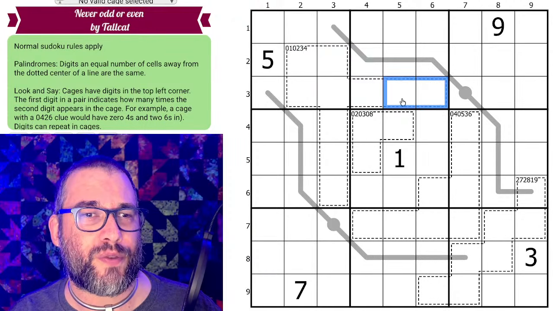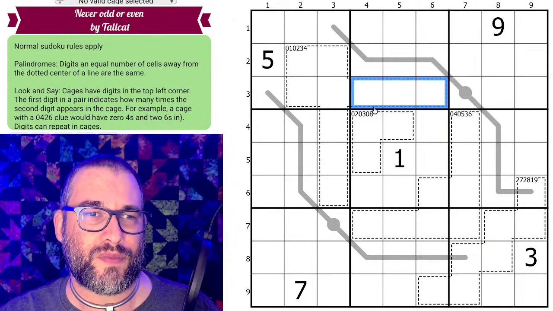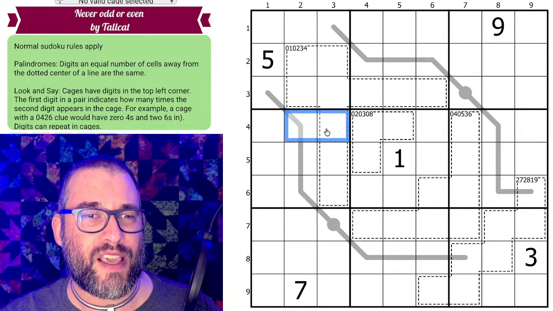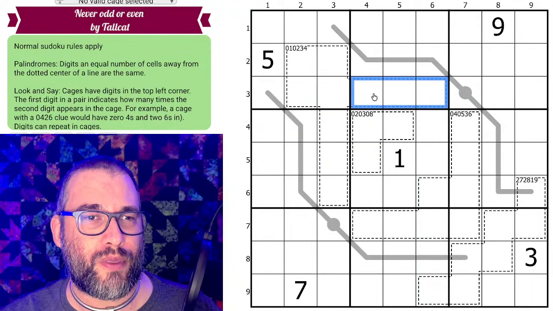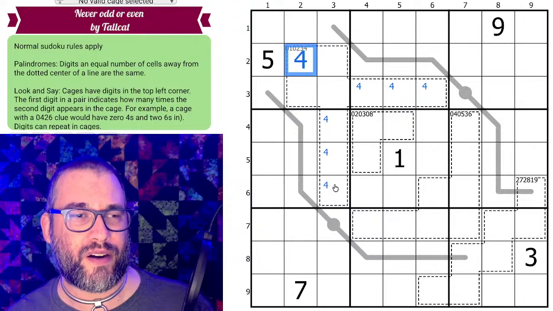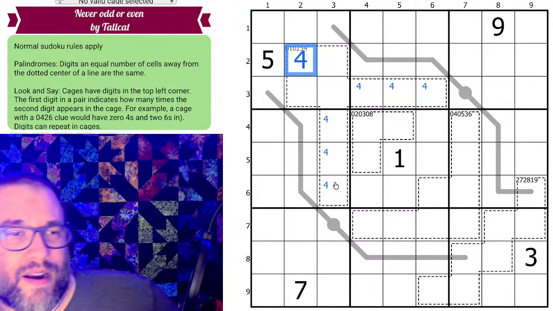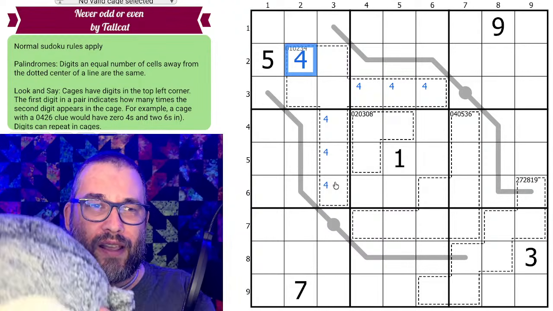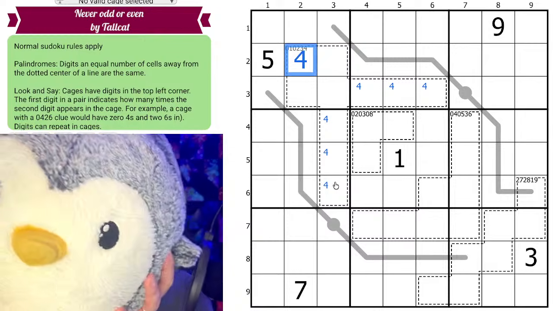This cage has 3 4s in it, so it's only in 3 boxes. So there's a 4 along here and a 4 along here, and that looks over here and gives us a 4 there. And we get to do a 4 dance.